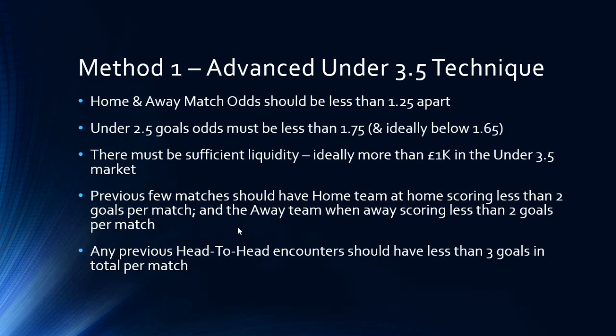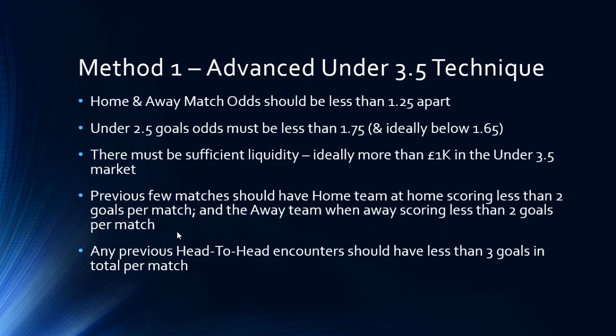The other parameters are a little bit laxer in terms of being applied, but basically we should look for matches where the previous few matches with the home team playing at home, they should have scored less than 2 goals per match. And the away team, when scoring away, should also be less than 2 goals per match.